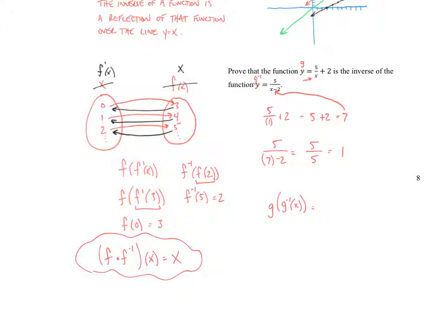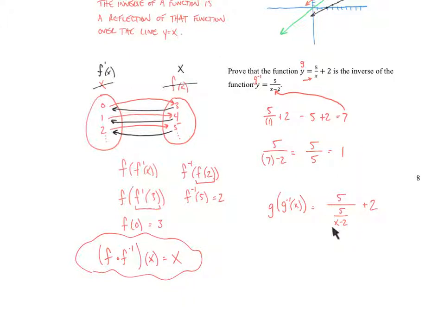This will be a little bit tricky because it's going to involve some fractions, but we'll be able to do it. So my original function is 5 over x plus 2, and I'm leaving that space blank because that's where my inverse function needs to go. So in my denominator, I'll have 5 over x minus 2. And if this becomes x, then I've proven that they are inverses of one another. Okay, let's think of a fraction rule here that'll help us.